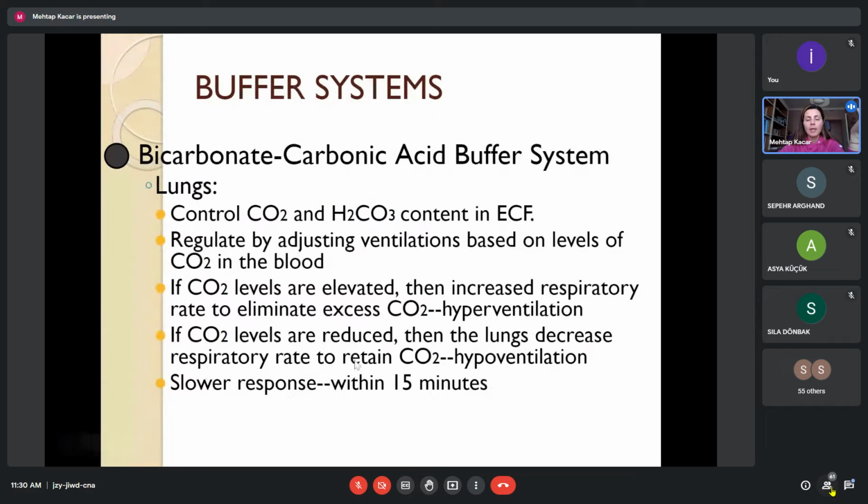If carbon dioxide levels reduce, lungs decrease respiratory rate to retain the carbon dioxide, and hypoventilation occurs. If our carbon dioxide levels increase, our respiratory rate increases to eliminate carbon dioxide, and this leads to hyperventilation. This is a slower response that develops within 15 minutes.